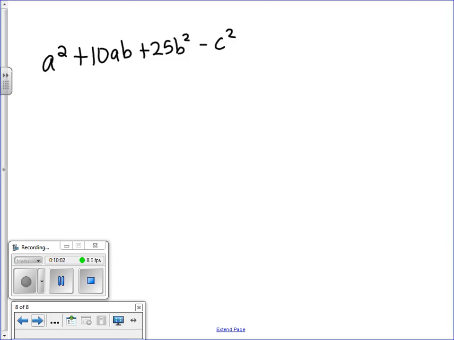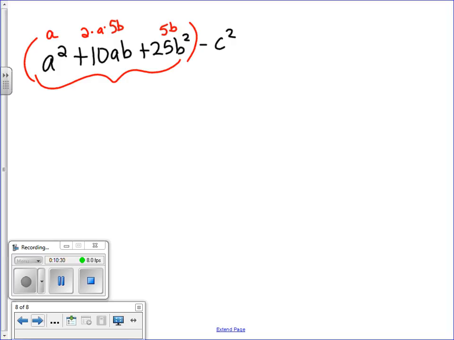But hold up. Wait a minute. Look at just those first three terms right here. Is that a perfect square? Yes. Is that a perfect square? Yes. Is this 2 times A times 5B? Yes. All right, let's group it right here and leave that little fella out for a minute.